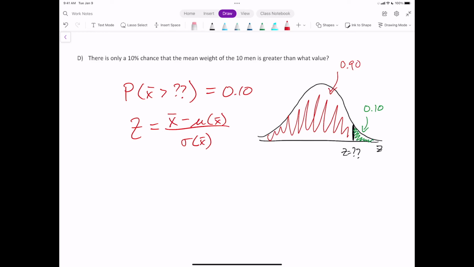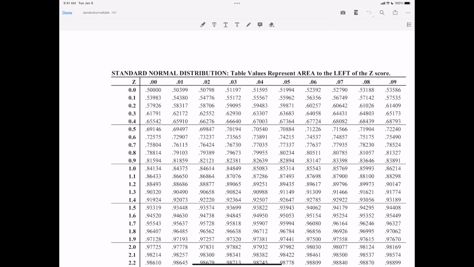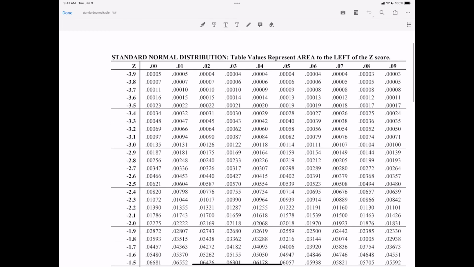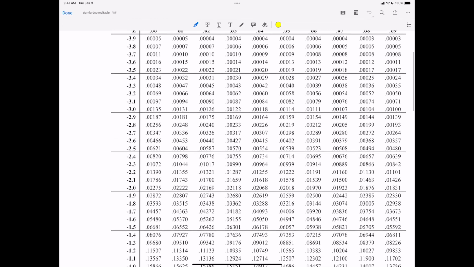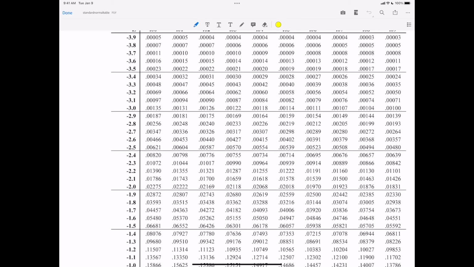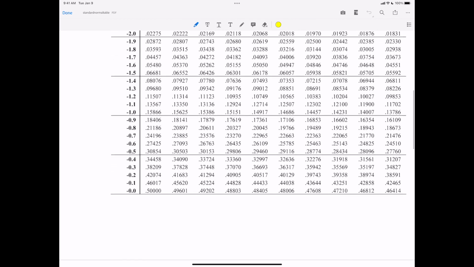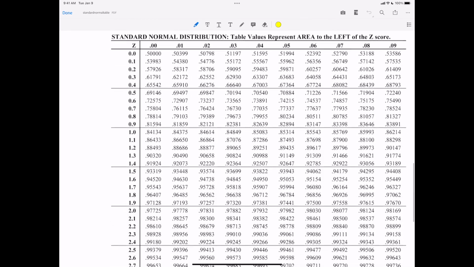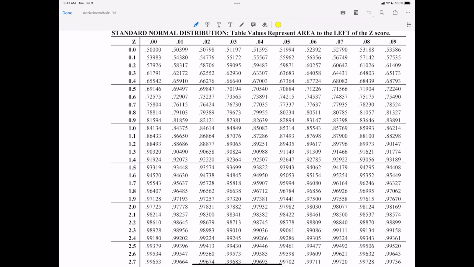So here I've downloaded the z-tables from our course. And here I'm looking inside the table at these 4-digit numbers. So what I'm hoping to find is a 4-digit number that's close to 0.9000. That's 90%. So I'm not going to get it with any of these negative z-scores. So let me flip over to the positive ones.